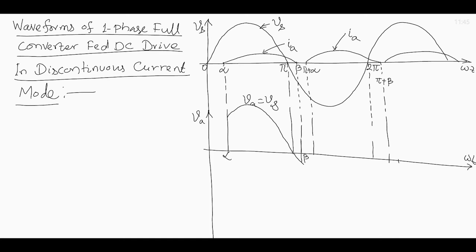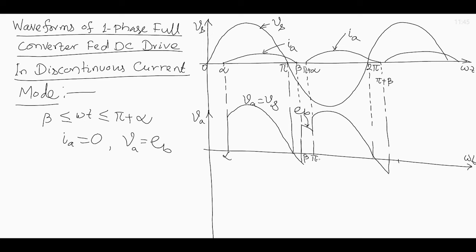From beta to pi plus alpha, because it is discontinuous current, IA equals to 0. So motor voltage VA is same as the back EMF of the motor. This is the back EMF. Again from pi plus alpha to pi plus beta, motor voltage VA is minus of VS, negative value of the supply voltage, and it is cyclic. This is the motor voltage waveform VA.